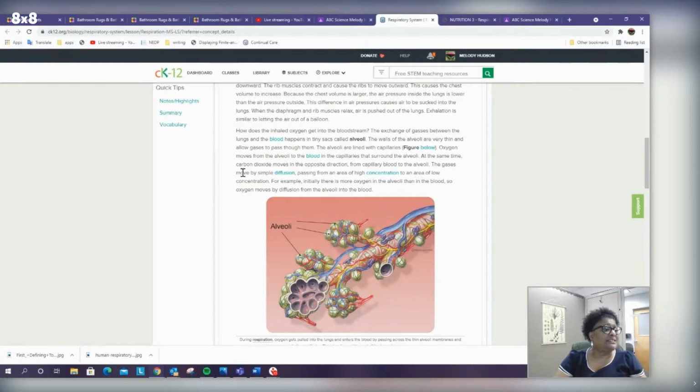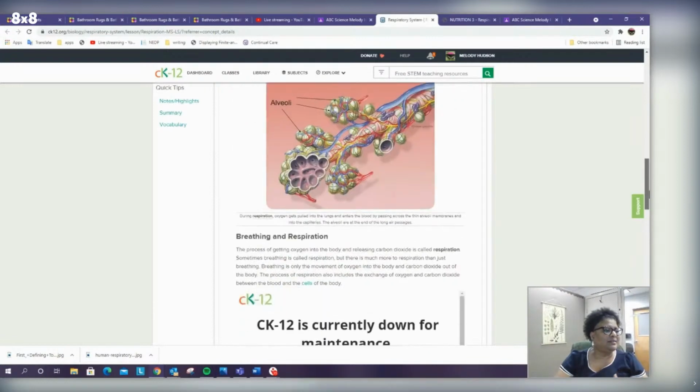And then the gases move by something called diffusion, which means movement from an area of high concentration to an area of low concentration. So there's more oxygen in the alveoli than in the blood, right? So the oxygen moves from the alveoli to the blood. It passes through and oxygenates your blood.